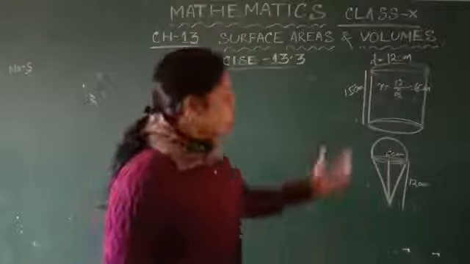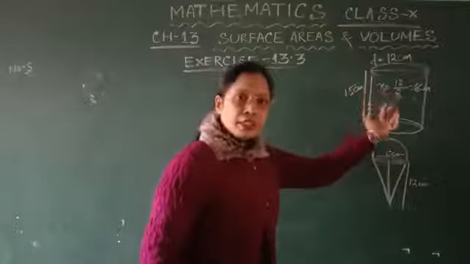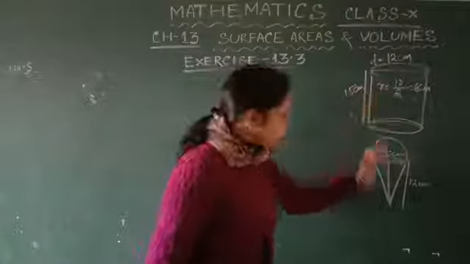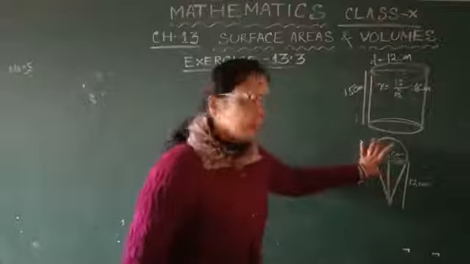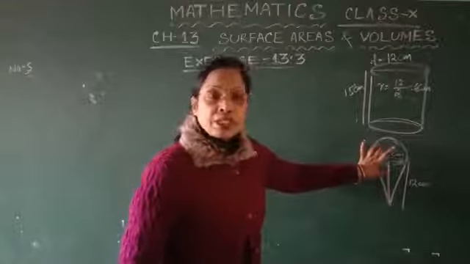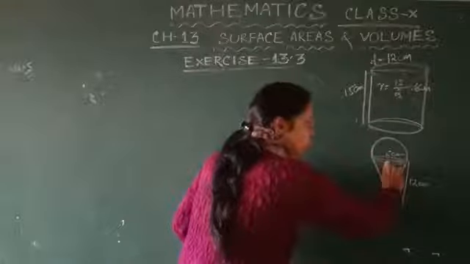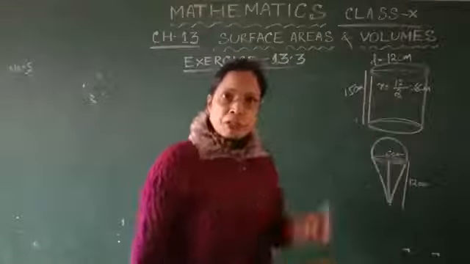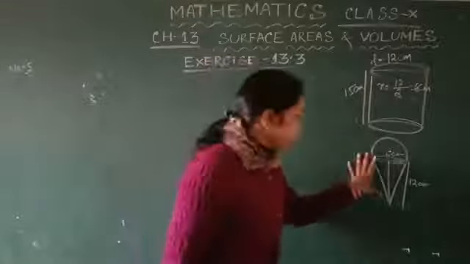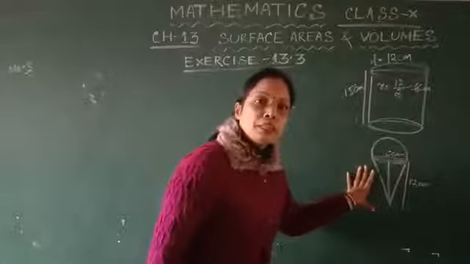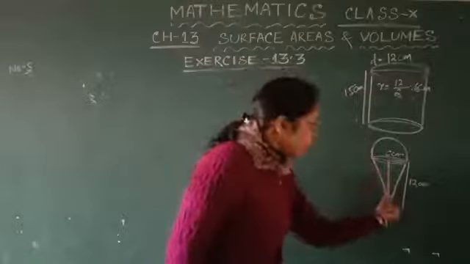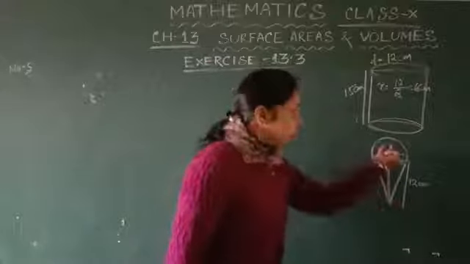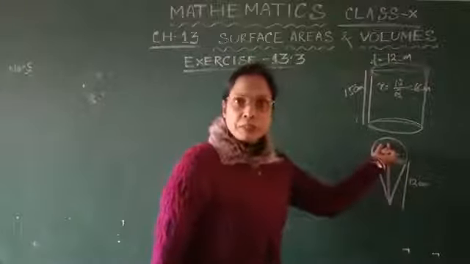Okay, that means the ice cream from this container is to be filled into this conical shape, that is, here is the cone and one hemispherical top also there. So that means the ice cream in each cone is equal to the volume of the conical shape plus the volume of this hemispherical shape.